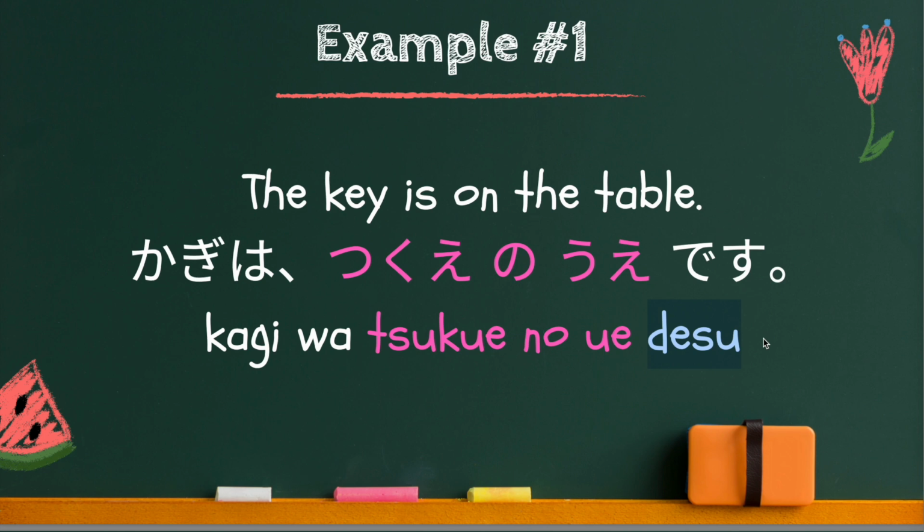So when you apply these location words in this grammar format, the key is on the table is this: 鍵は机の上です。X is the key, 鍵. Then Y, on the table.